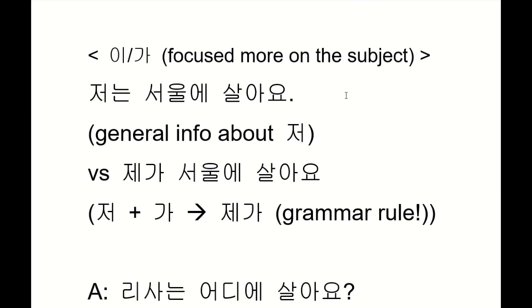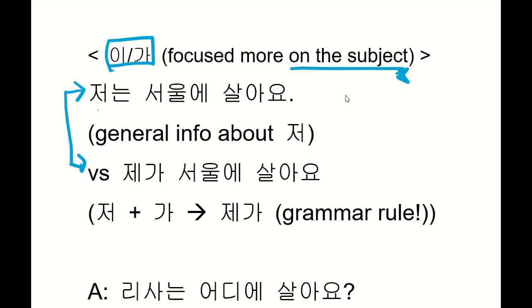So, 이가, the subject marking particle, is focused more on the subject. What does that mean? Here there are two sentences. If you put these two in Google Translate, probably you will get the same result. But clearly there is a difference.